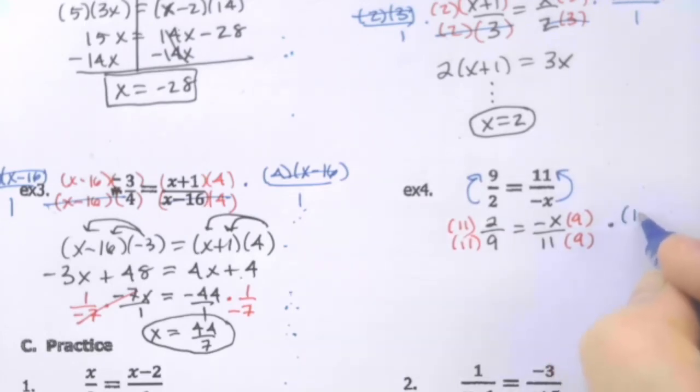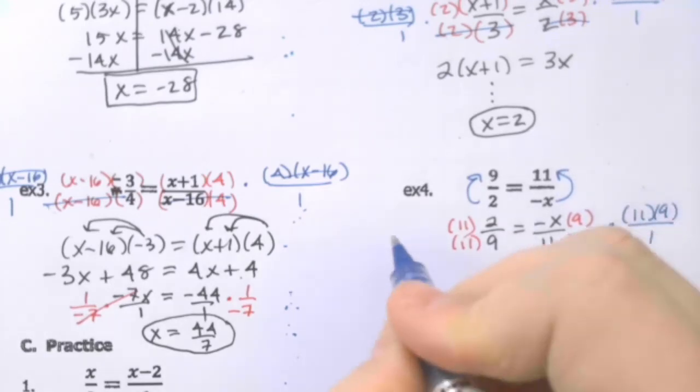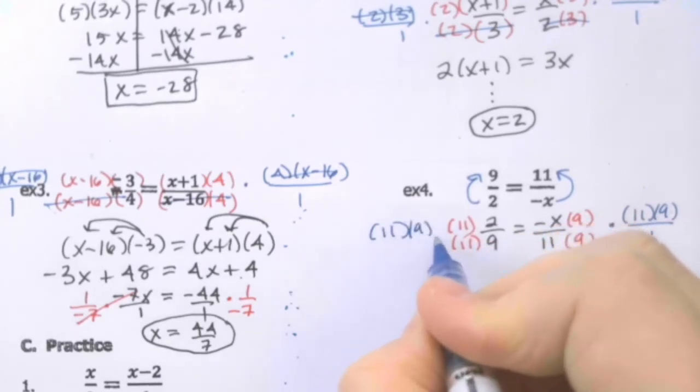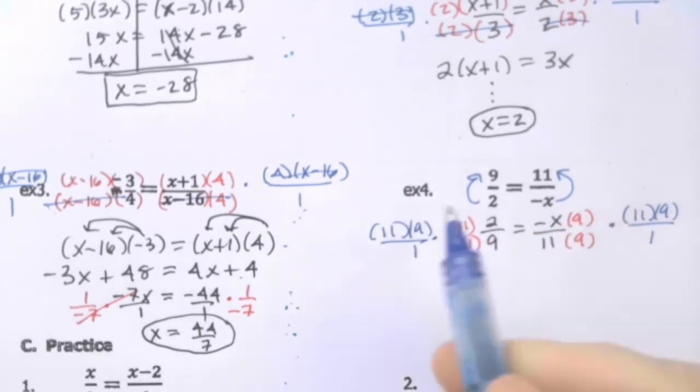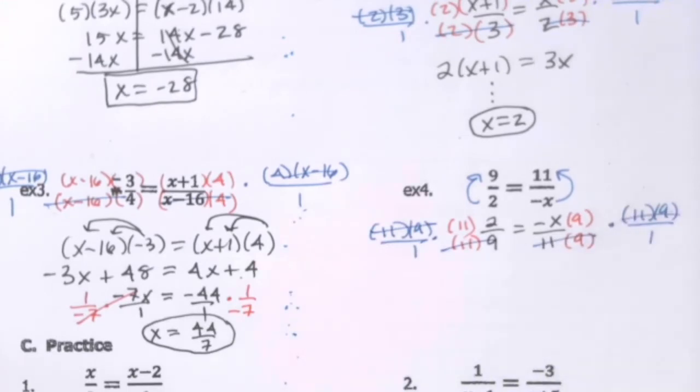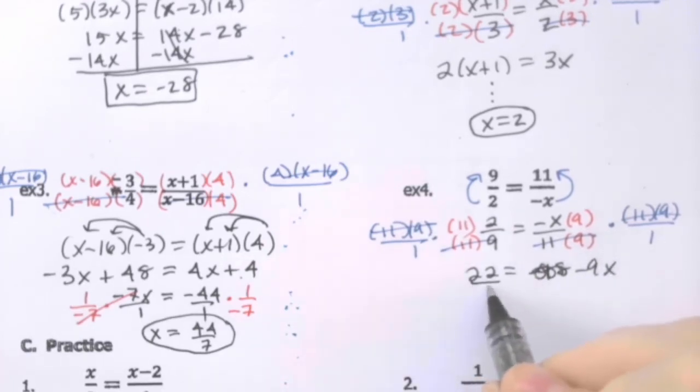So when I multiply both sides by 11 times 9 over 1, the bottoms cancel out. 2 times 11 is 22 equals negative 9x. And again, we're going to get the 9 off of the x.